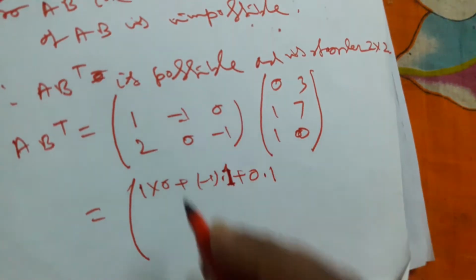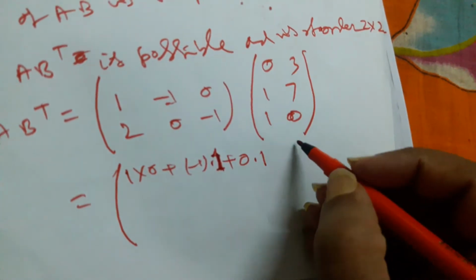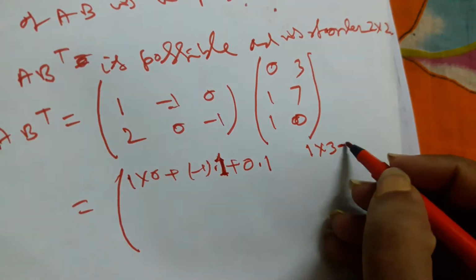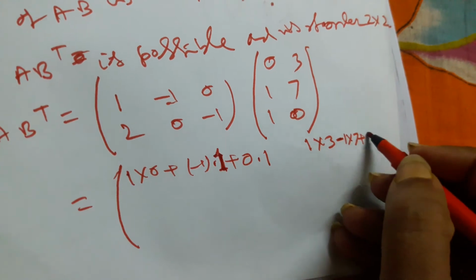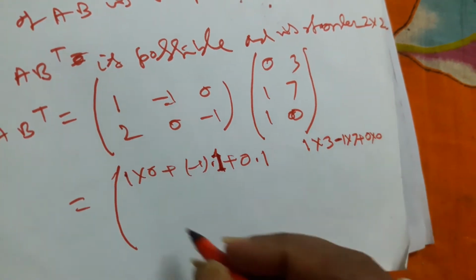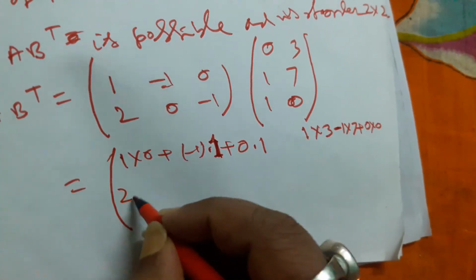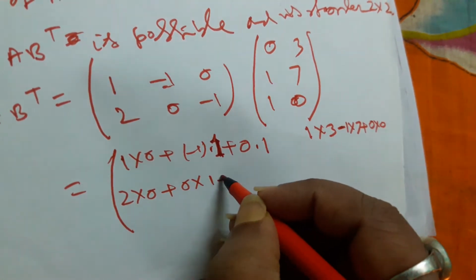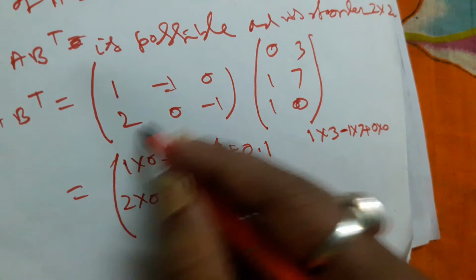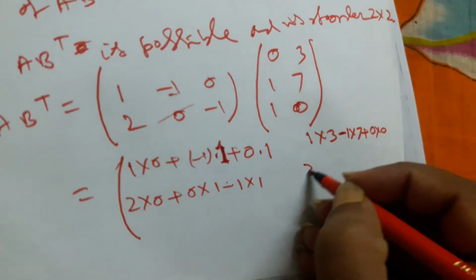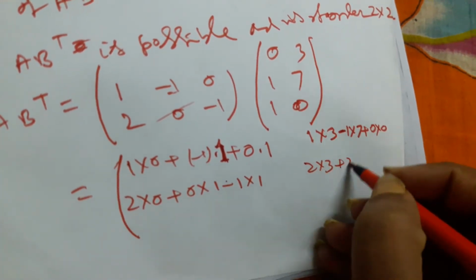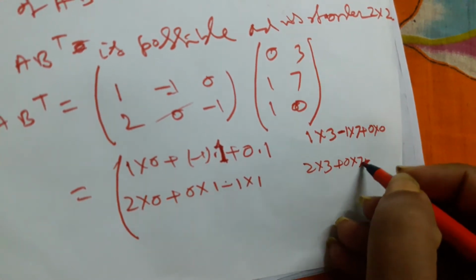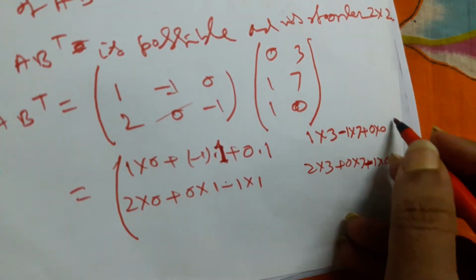First row, second column: 1 into 3 plus minus 1 into 7 plus 0 into 0. Second row, first column: 2 into 0 plus 0 into 1 plus minus 1 into 1. Second row, second column: 2 into 3 plus 0 into 7 plus minus 1 into 0.